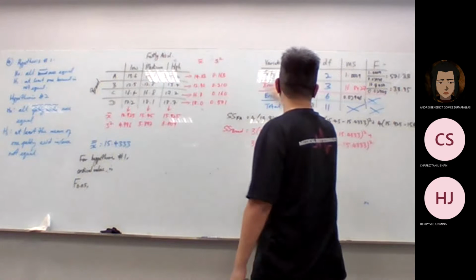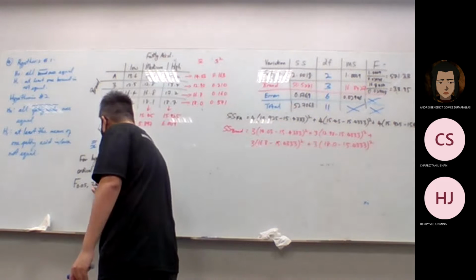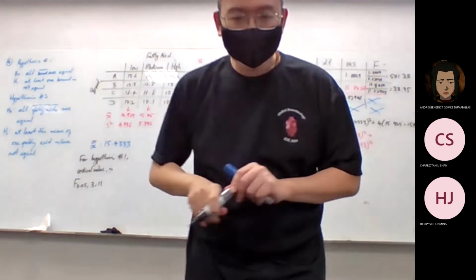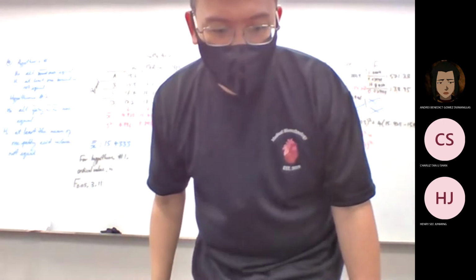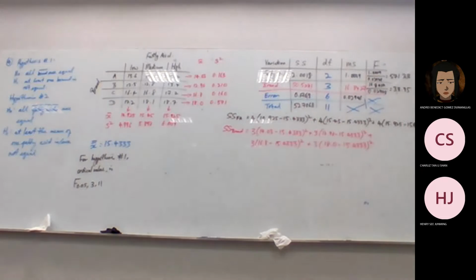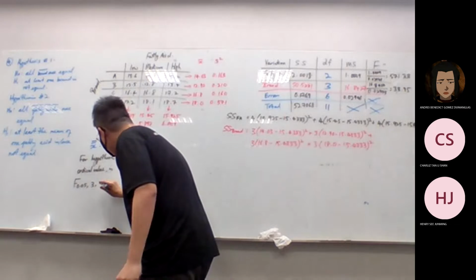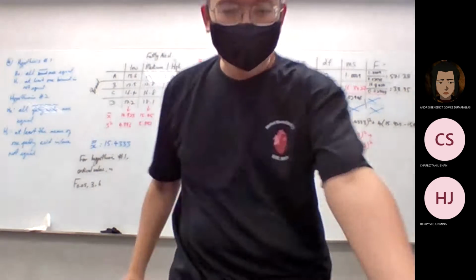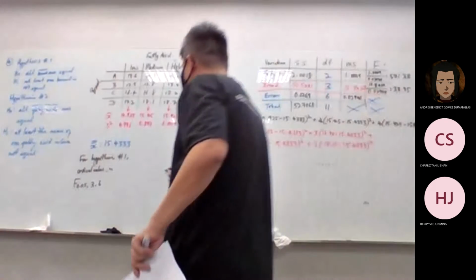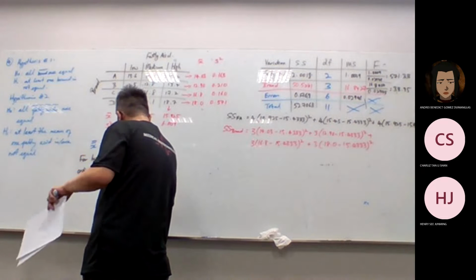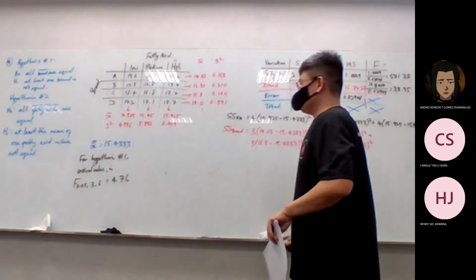Hypothesis 1 is the brand. So brand is 3 and 11... 3 and 6. Okay, so for 3 and 6, it is 4.76.